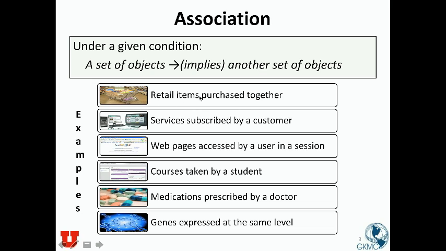In association rule mining, the two important concepts are the items, such as objects, books, or products on Amazon or in physical stores. The second important concept is the event, such as purchases. The events can be online service subscriptions or mobile phone service subscriptions.